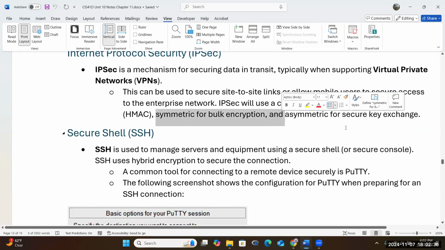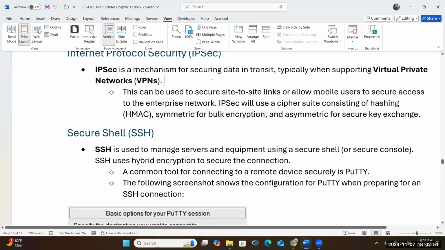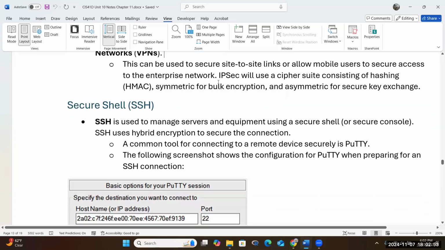For the key to be transmitted or sent, it uses an asymmetric key. That's how you're supposed to do it. It uses an asymmetric key for the key exchange process alone. Okay. IPsec is the preferred solution for VPNs for security reasons.